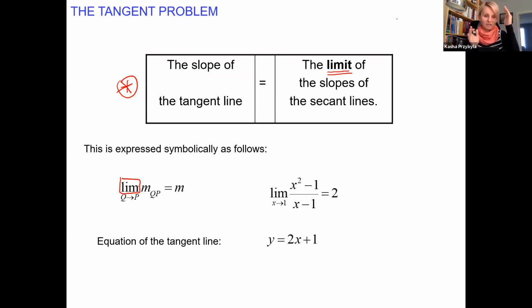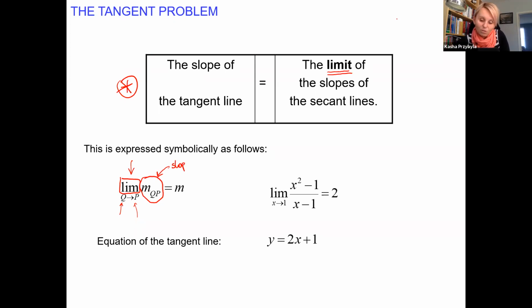the whole process that I just did for the previous two slides, I was limiting. I was getting closer and closer to point 1. I was taking point Q to be extremely close to the point P. That means the x coordinate of the point Q was approaching point P. And then the limiting position of the slope of the secant.